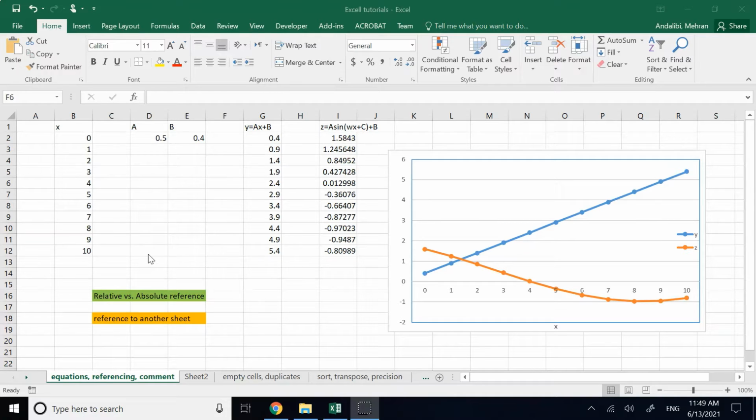So based on the experience from many of my colleagues who have worked in industry and now they are teaching engineering, they believe that Excel is one of the foremost and most used, basically, software in many engineering companies.